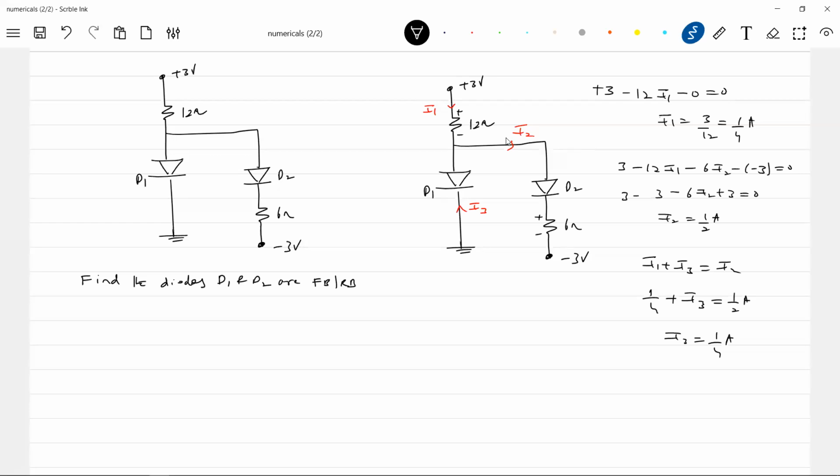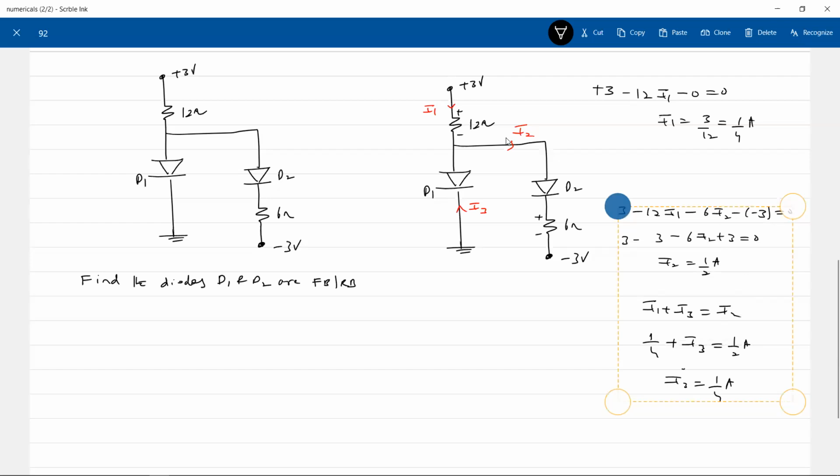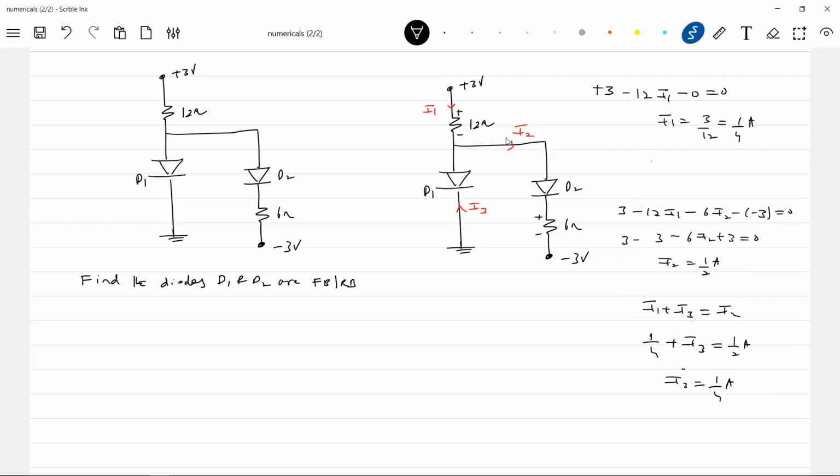What do you say? Is it forward or reverse biased? What shall we conclude? I got I1. Better to take the help of KCL and KVL, to be on the safer side.